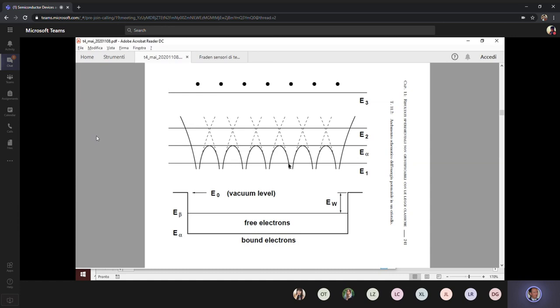They cannot move in the crystal. Okay, if one electron with energy E1 is in this well of potential energy, it can only oscillate to and fro forever here. So this is a bound electron.